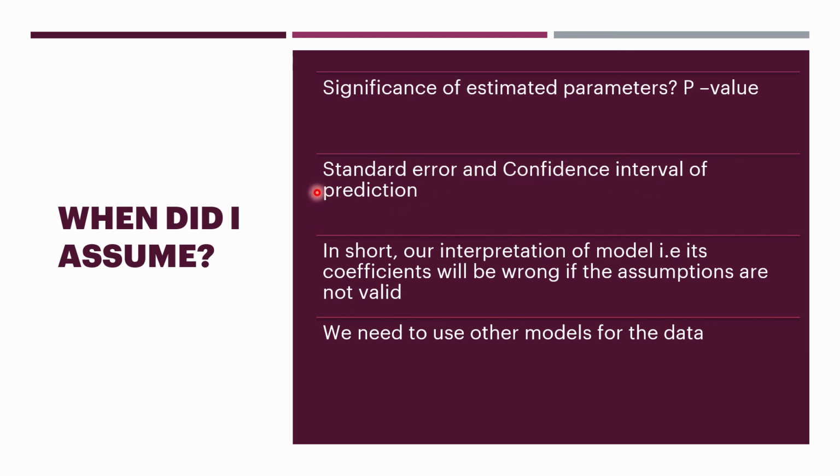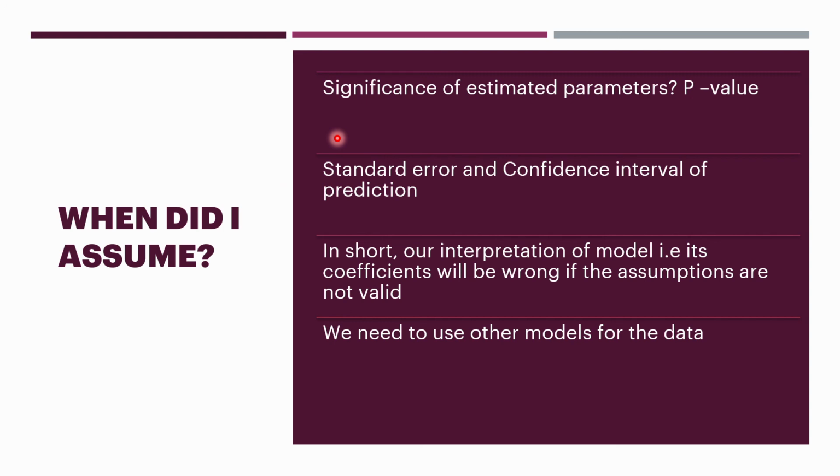Where do I get the confidence interval and standard error? I get all these things by having a distribution of y, or rather I will assume a distribution of y. What is the distribution that I am assuming? I calculate standard error, confidence intervals, and significance of the parameters, all based on the distribution of y, or rather the distribution of the error terms.